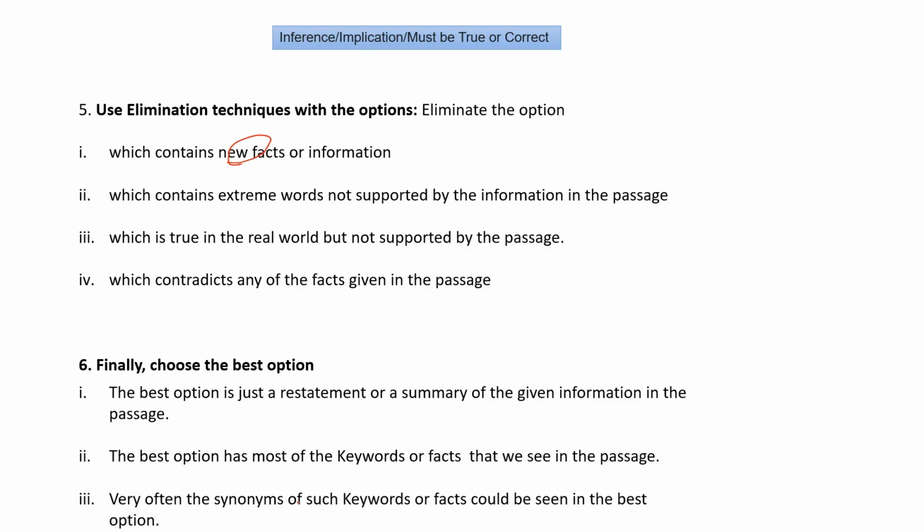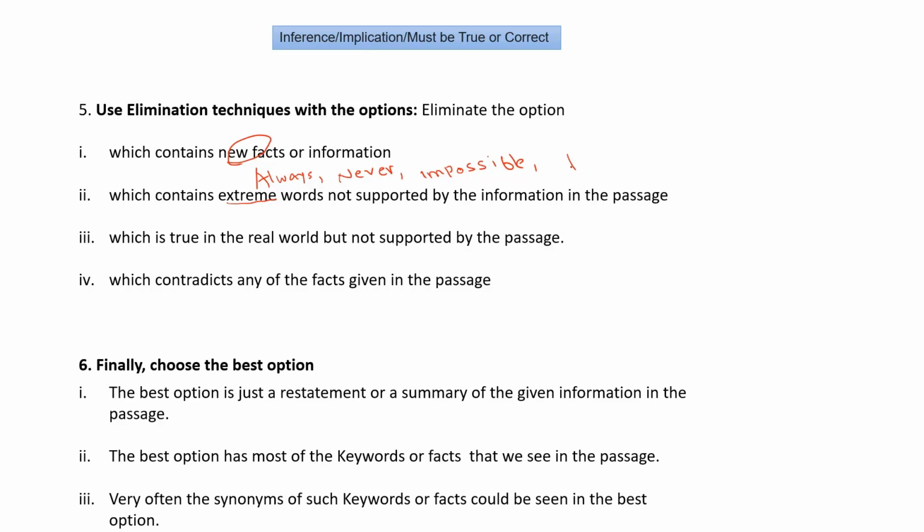Second, which contains extreme words. What are these extreme words? Can you think of some extreme words? Extreme words are like always. Never choose options having always, never, impossible, definitely, surely. These are called extreme words.